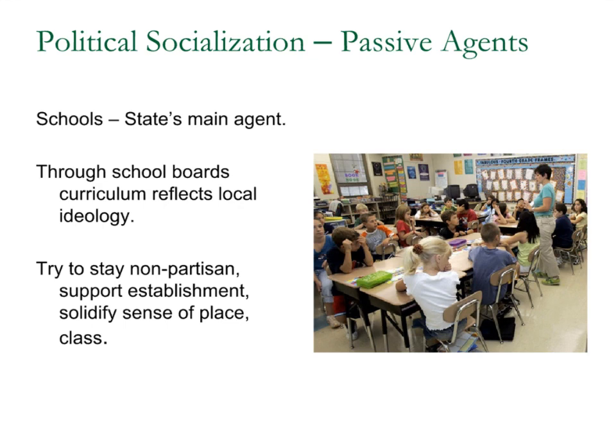The next passive agent of socialization is the schools. As children grow and mature, they enter the school system, and it is here that usually they're first introduced to other individuals, other schoolmates who have been raised in different families with perhaps different norms and different attitudes, and the student has to come to terms with perhaps the disconnect between their home upbringing and those of the people around them.